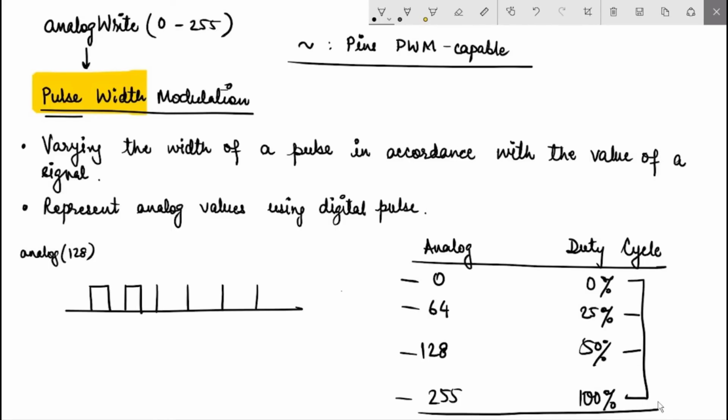That means the pulse width is half the time period. Okay. So in this way, the pulse width could change or it could reduce, and this width is going to be an indicator of what is the analog value that we are trying to represent. For 255, the duty cycle is 100%. That means it's going to be something like this.